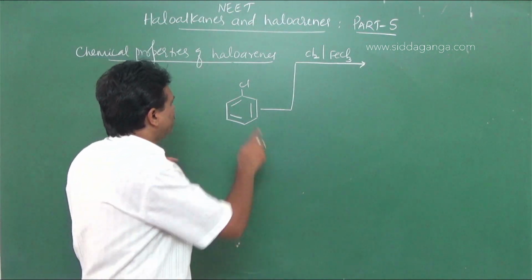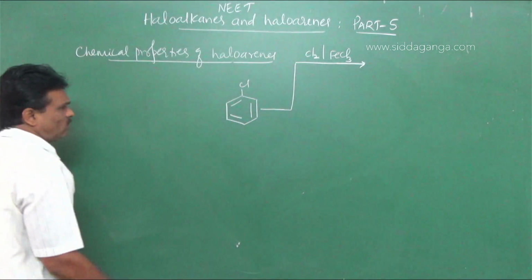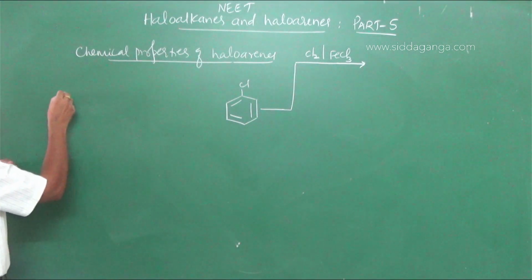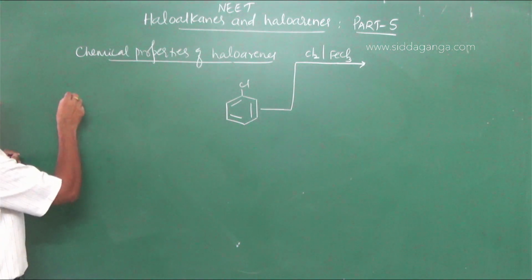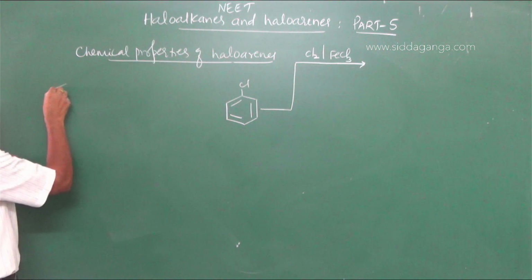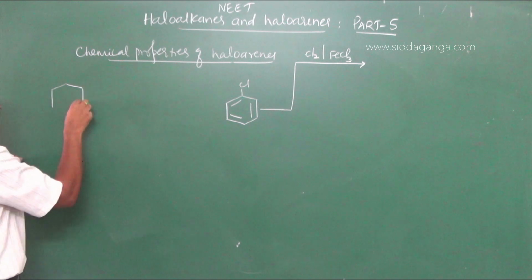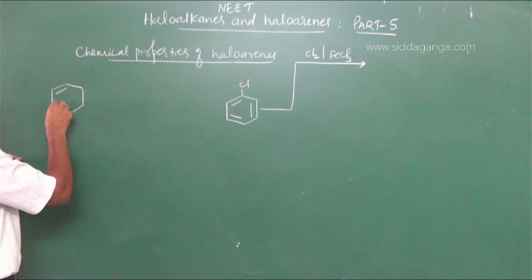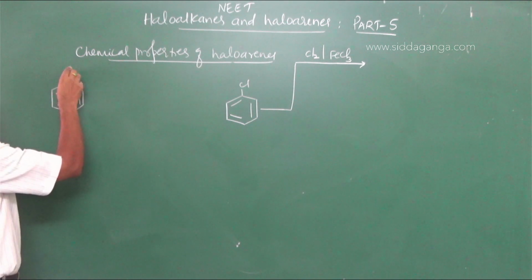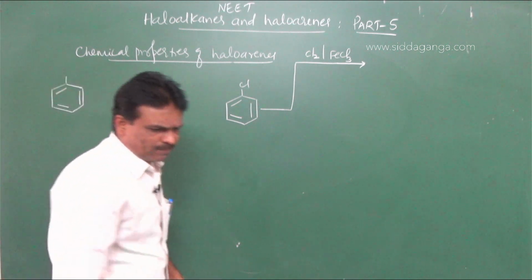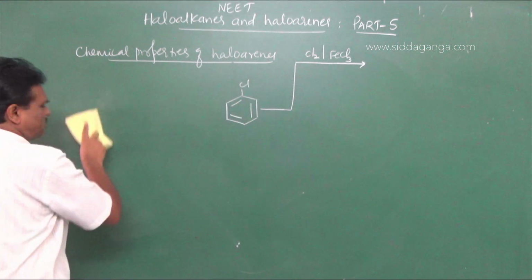And also in case of chlorobenzene, look at the resonating structures of chlorobenzene. In chlorobenzene, the chlorine atom has 3 lone pairs of electrons.